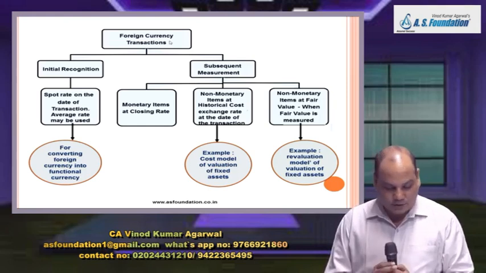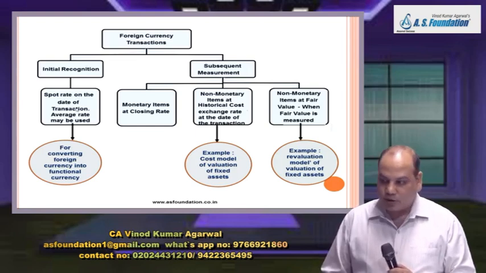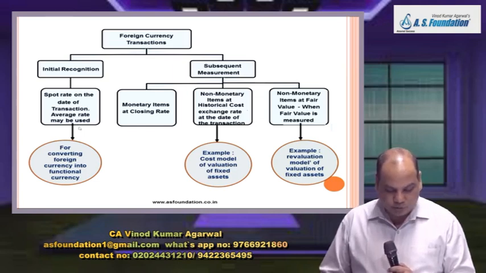First come to the left side. Initial recognition. Option 1: spot rate on the date of transaction. Alternatively, the average rate may be used if there is no significant fluctuation.